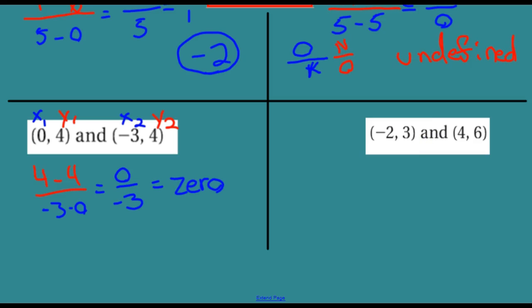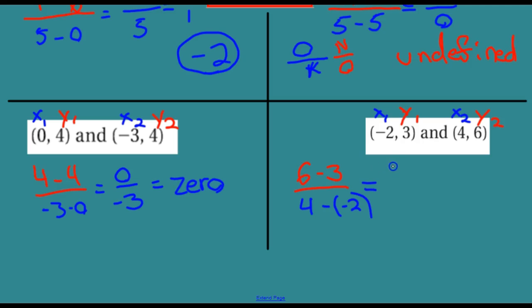Alright, last problem on this page. We have negative 2 as our x1 and 4 as our x2. Then we have 3 as our y1 and 6 as our y2. So y2 minus y1 is 6 minus 3 over x2 minus x1, so 4 minus a negative 2.